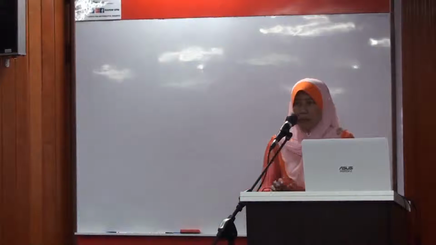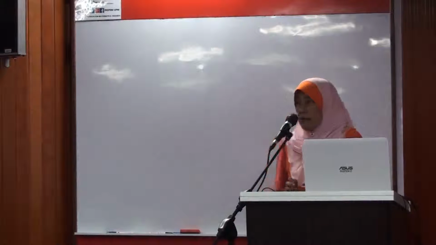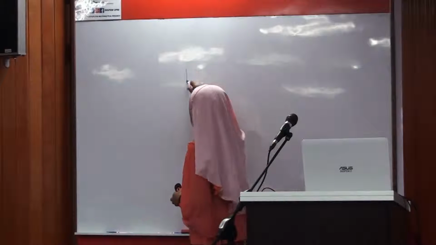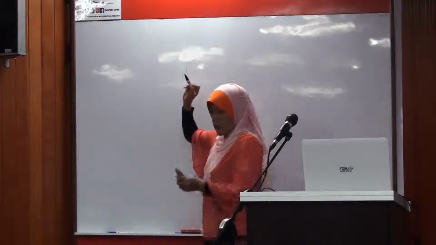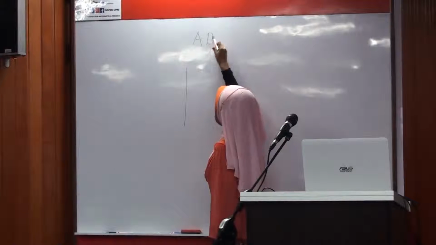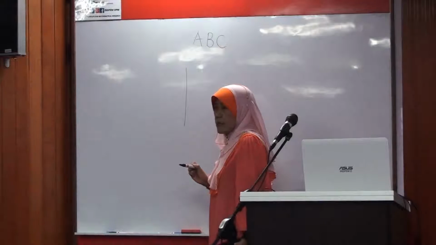So let me show you the standard Latin square arrangement. Let's look at this example. Let's say you want to study the effect of 3 treatments A, B, C on the response variable.